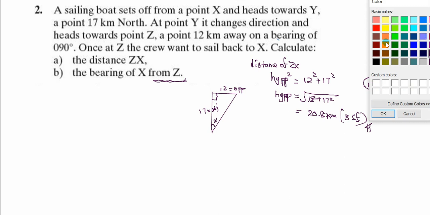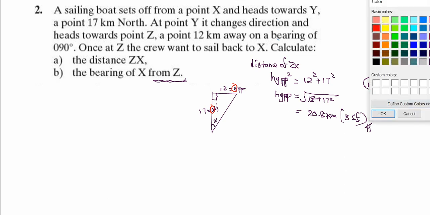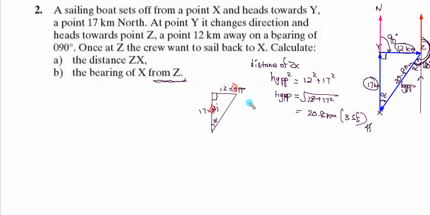As we know, based on the formula SOH CAH TOA, the one that has the O and the A is TOA. T represents tangent alpha, equal to opposite over adjacent.